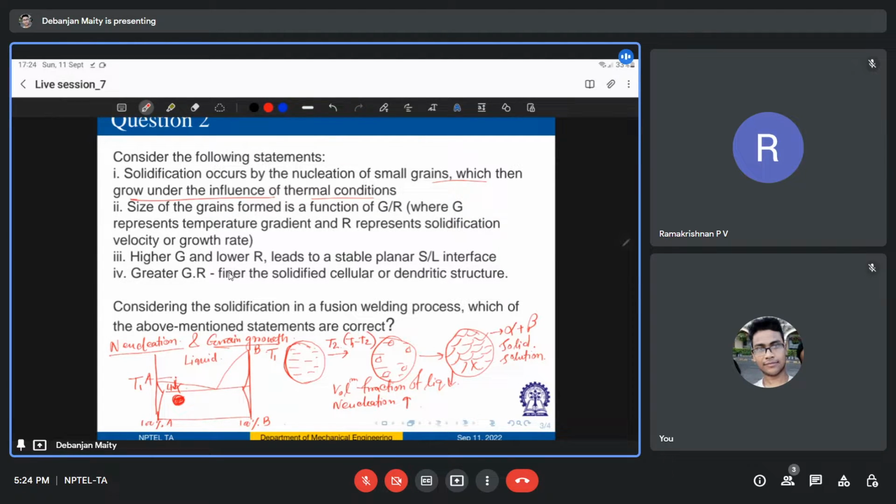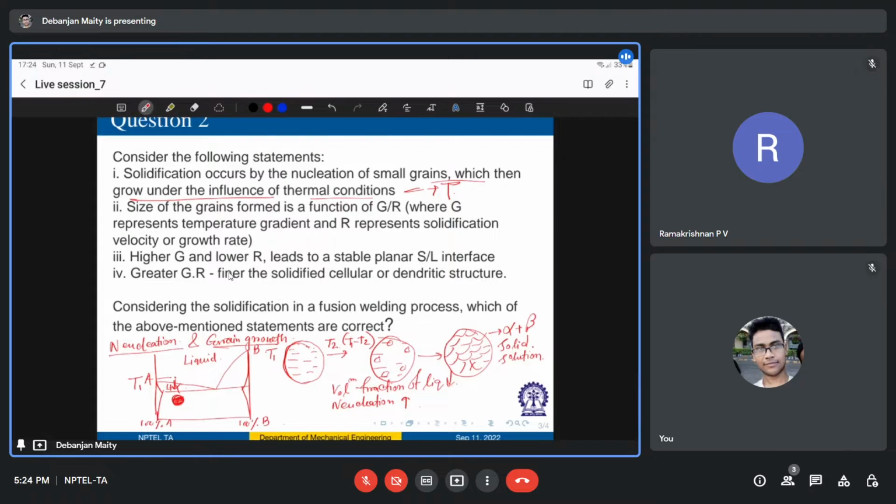So the first statement is obviously true. The second statement says that the size of the grains formed is a function of G by R, where G represents the temperature gradient and R represents the solidification velocity or growth rate. This is also true.